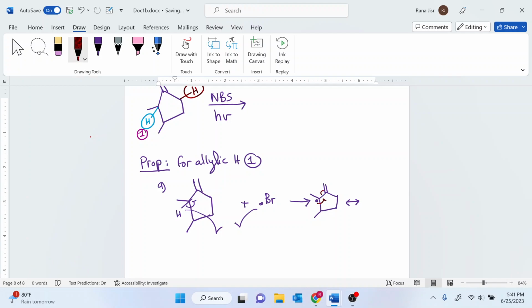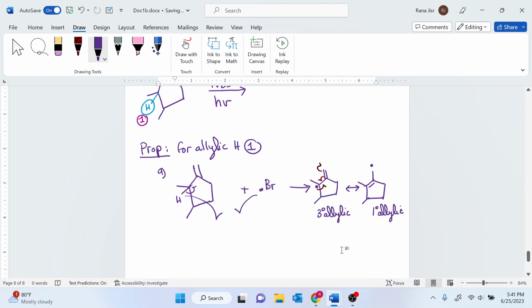So you have an electron coming here, another electron going there, and you're going to generate a free radical on this carbon, a double bond in there. This is going to be a primary allylic. This is going to be a tertiary allylic. Both form. Tertiary allylic is slightly more stable, but both are going to form.